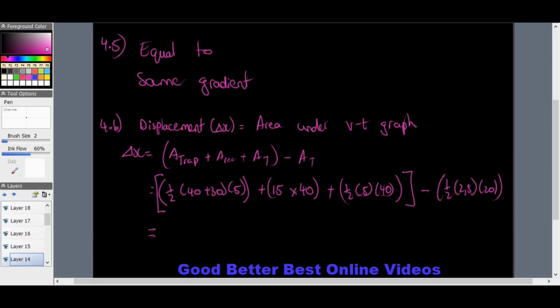So we should end up with, let's take half of 40. Okay, let me just put that into my calculator quickly. You're welcome to do this yourself.